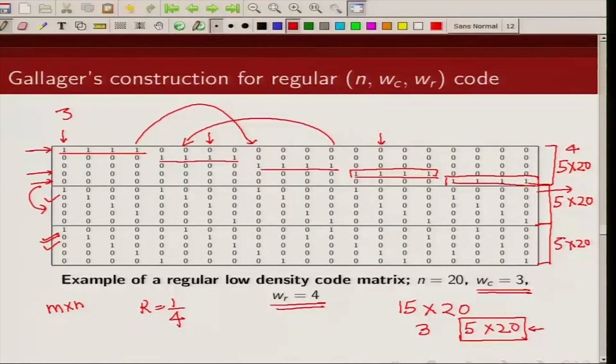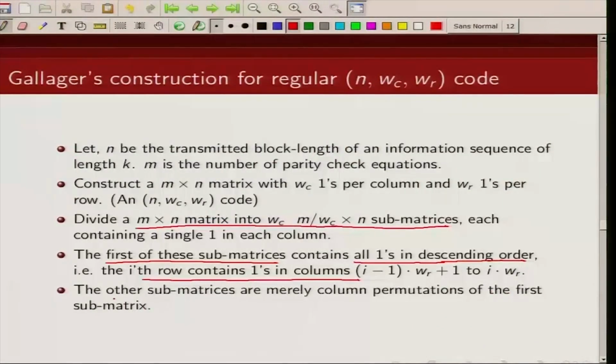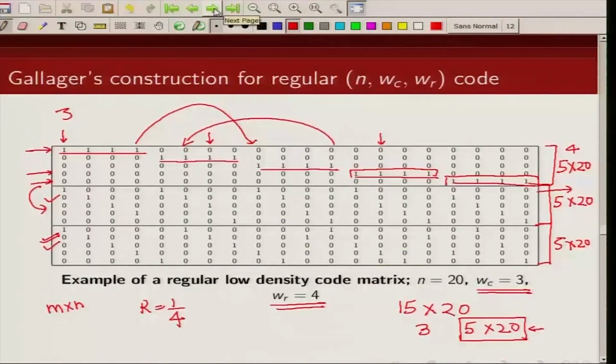I am able to design a low density parity check matrix which has 3 ones in each column and 4 ones in each row. The other sub matrices are merely column permutations of the first sub matrix. So this is Gallagher's construction of a regular LDPC code which has WC ones in each column and WR ones in each row.